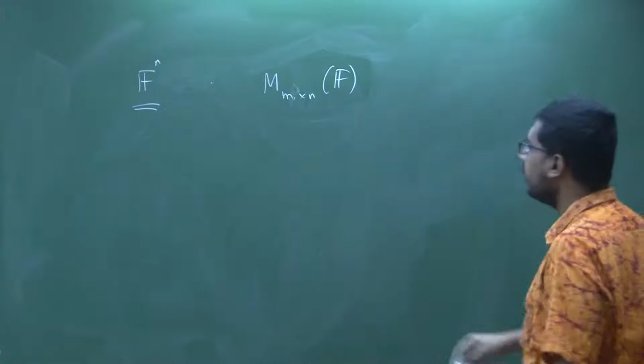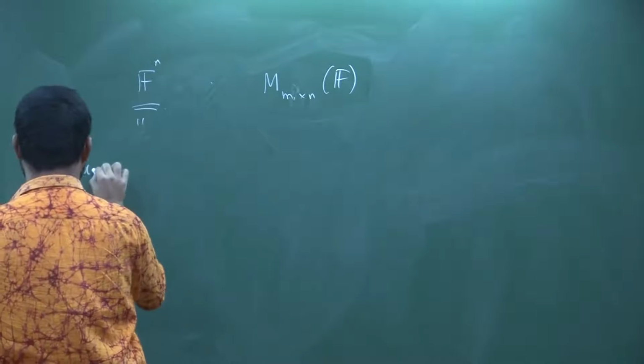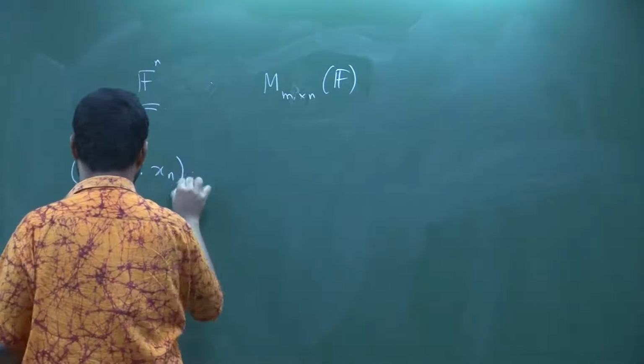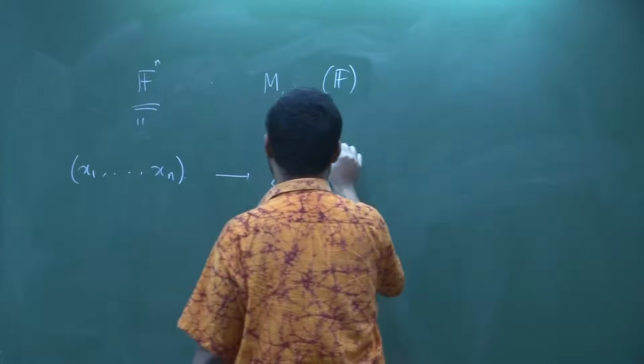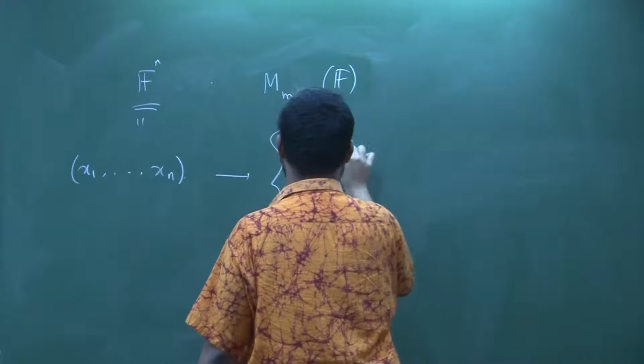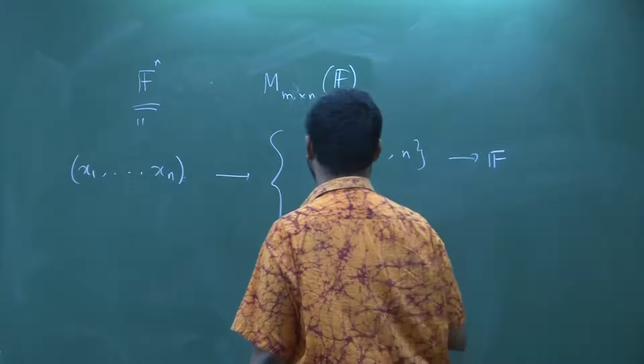Okay, let us see. What are the elements in Fn? A typical member in Fn is a tuple, right. So, given a tuple, I can consider the following map. The map is from {1, ..., n} to F. What is the map?